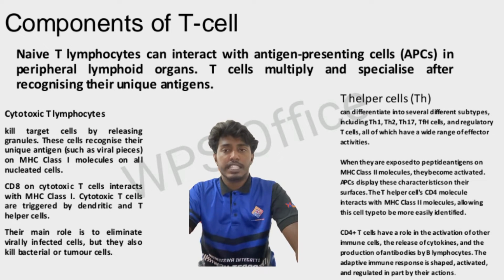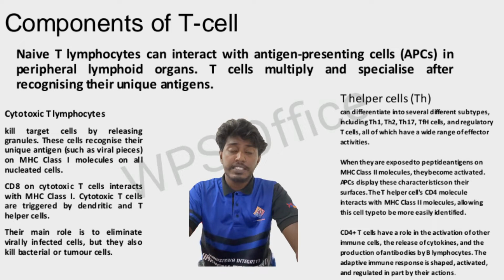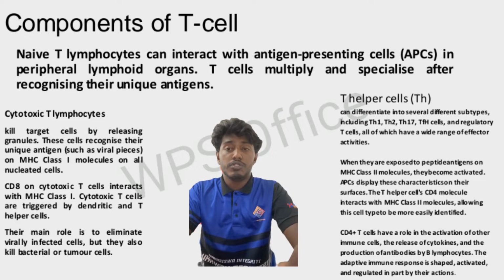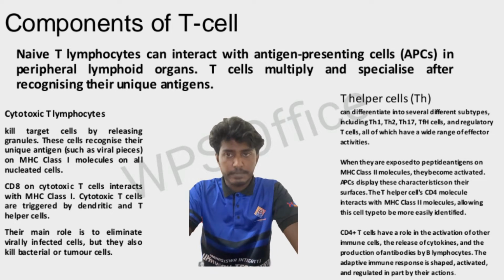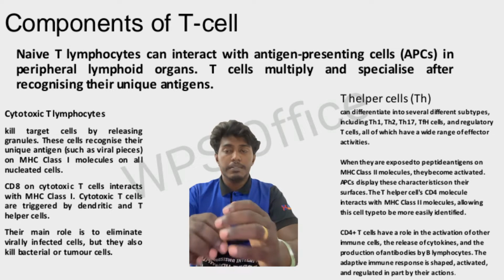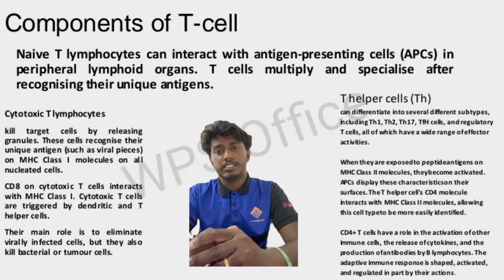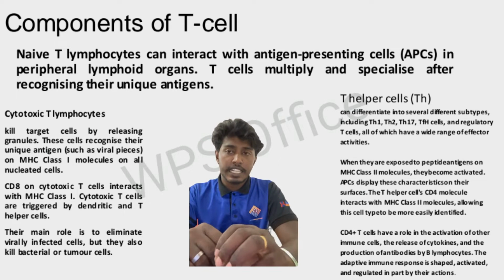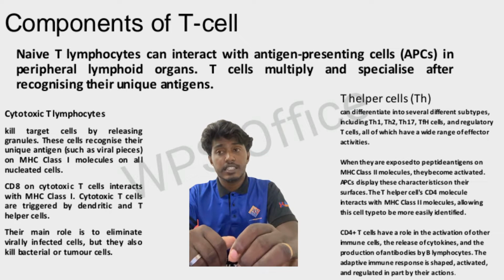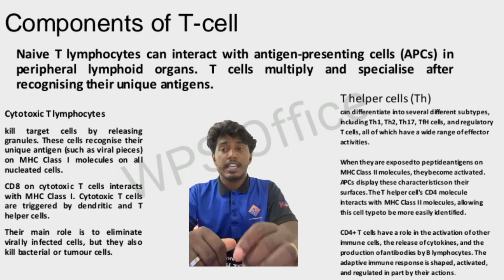Naive T lymphocytes interact with the antigen presenting cells, APCs, in the peripheral lymphoid organ. These cells multiply and specialize after recognizing their unique antigens. Effector T lymphocytes interact with the host cells to function against pathogens.